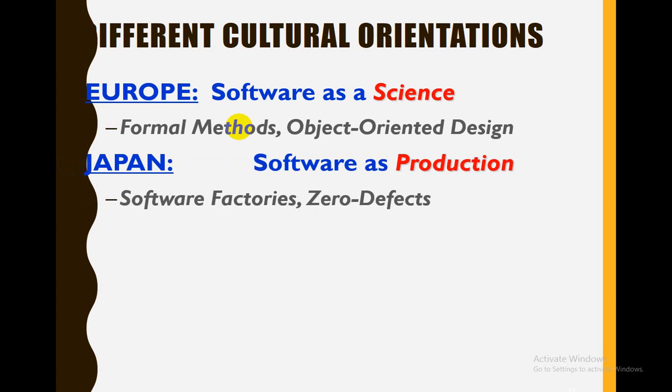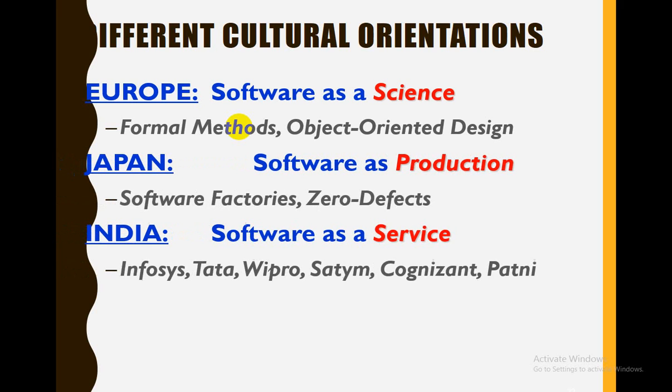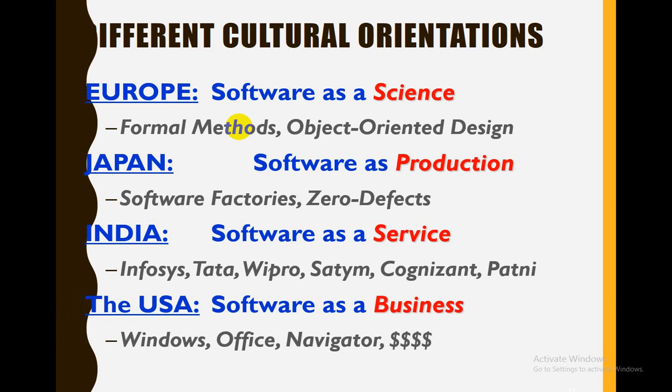In Japan, we were working for a Japanese client. Everything is production. They want zero defects. They want software to work as a factory. India is pretty much software as a service. All the giants are just focusing on software as a service. Whereas our US clients, they're using it as a business. So not only would they put a use case forward, but we were working for one California-based client.